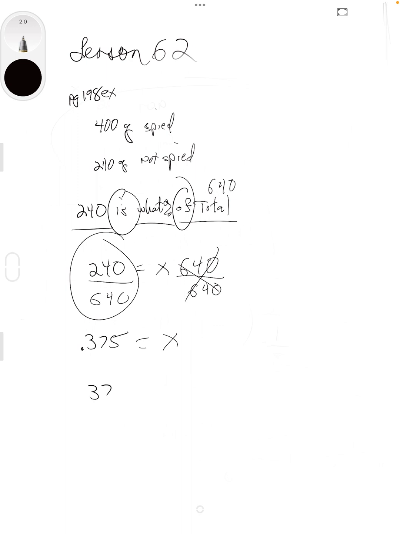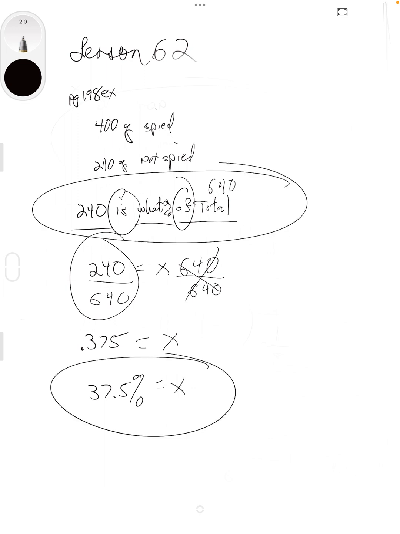So 37.5% were not spied. So that's how we do it. You're basically turning your word sentence into this of this is this. Okay, and that's lesson number 62. And I will see you next week.